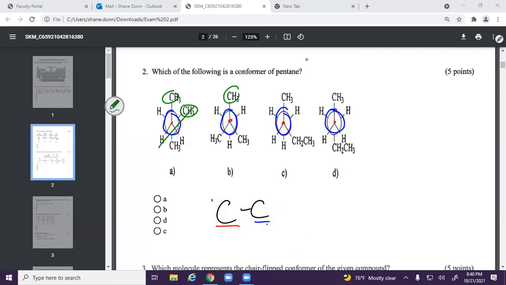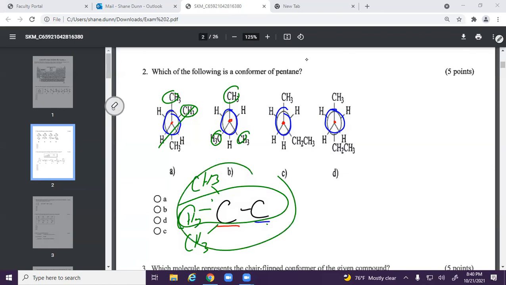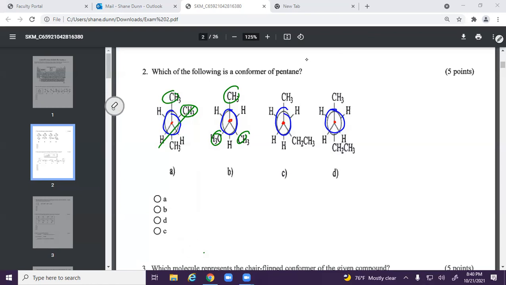That guy's connected, that guy's connected, they're all connected to carbon 1, right? That is an example of propane. 1, 2, 3. You see that? Okay, so B is wrong.